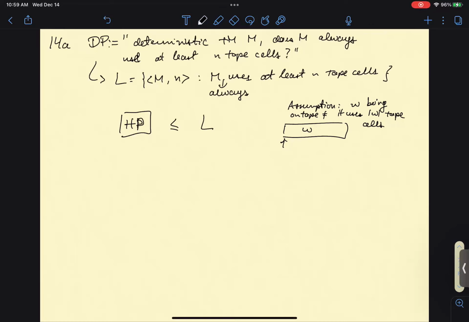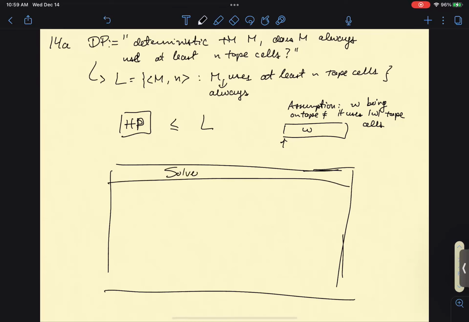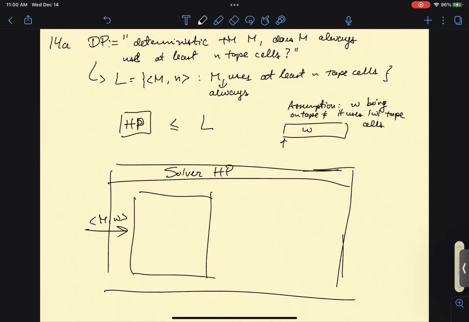I'll just remind you. So how do we do this type of reduction? I'm just going to do a Turing reduction, and then we'll talk about mapping after. To do a regular reduction, what you're doing is you essentially want to create a solver for the halting problem. So you feed in an arbitrary instance of the halting problem, then you transform it somehow.